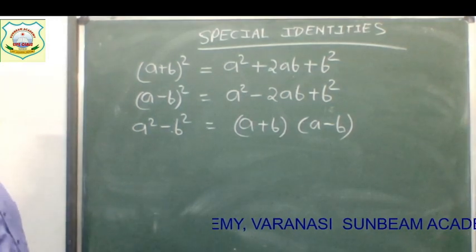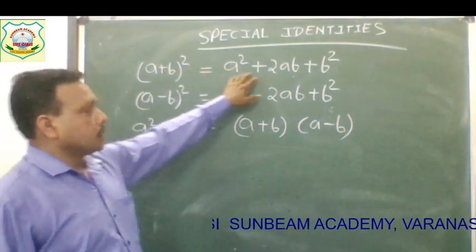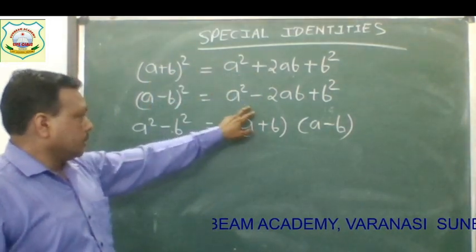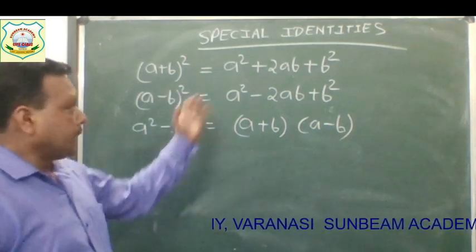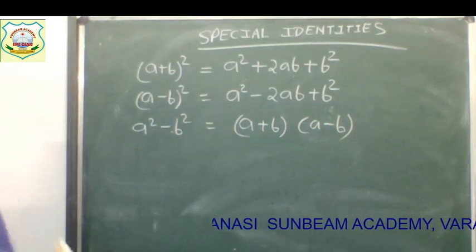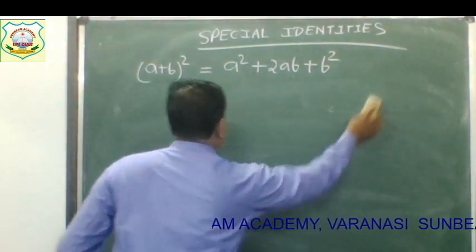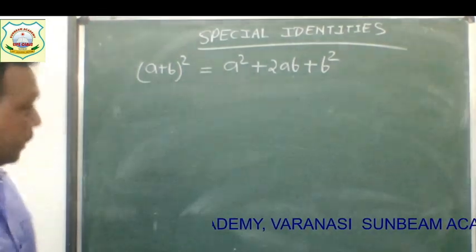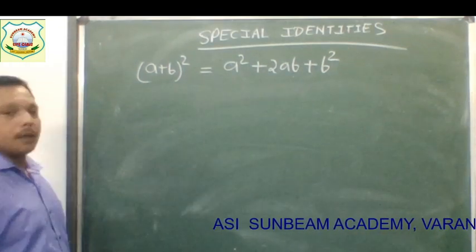First I will show you with proof how this value is expanded to this one. So first we start with a plus b whole square, a square plus 2ab plus b square. Students, see one, a plus b whole square equals a square plus 2ab plus b square.